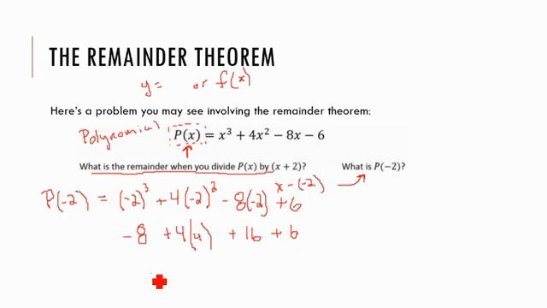So negative 8 plus 16 plus 16 plus 6. Negative 8 plus 16 is 8. 8 plus 16 is 24. 24 plus 6 is 30. So the remainder for this polynomial is 30.